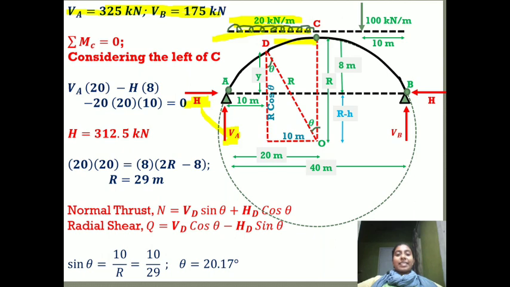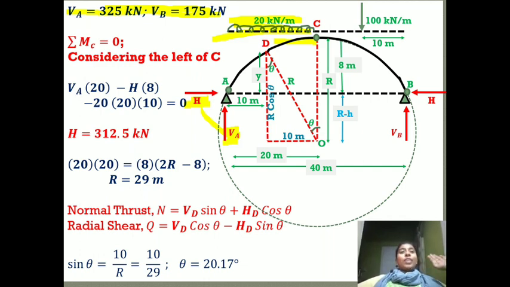So we get the horizontal reaction H equal to 312.5 kilonewton. The horizontal reaction is the same at both supports, so HA equals HB equals H. Only one horizontal reaction. You can take either the left of C or the right of C.